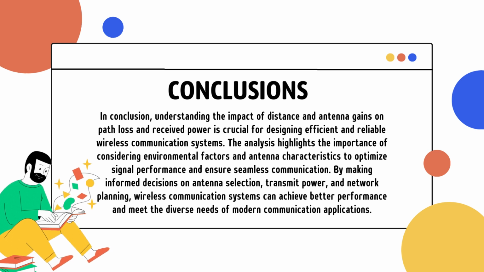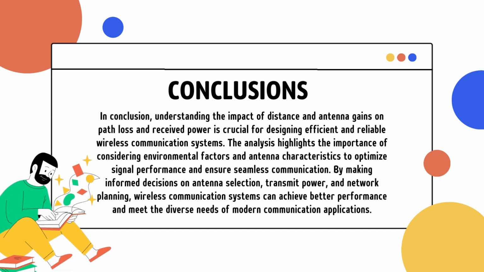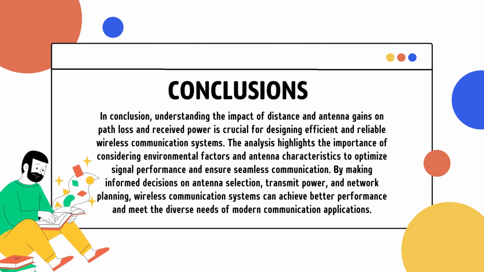The last one is the conclusion. In conclusion, we understand the impact of distance and antenna gains on path loss and received power. It's crucial for designing efficient and reliable wireless communication systems. The analysis highlights the importance of considering environmental factors and antenna characteristics to optimize signal performance and ensure seamless communications.